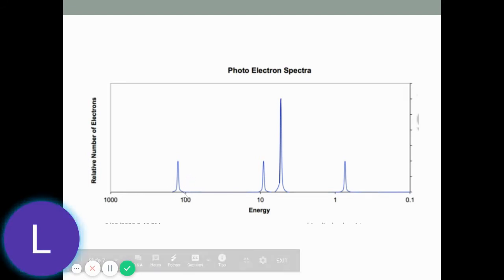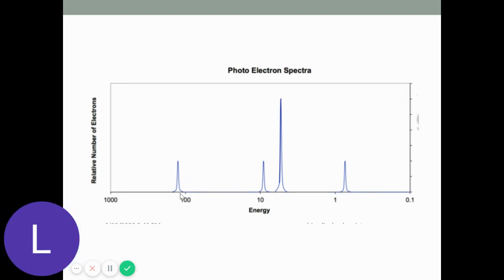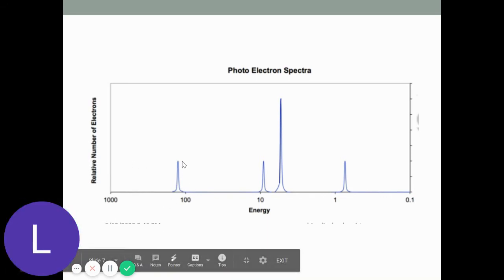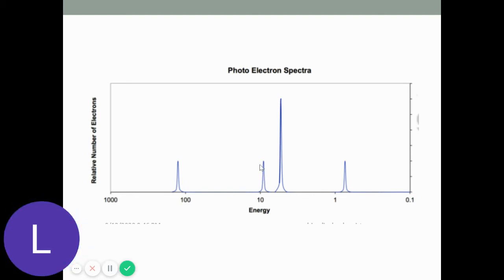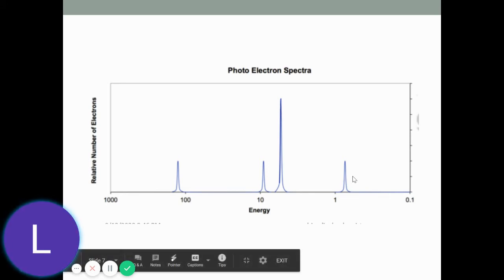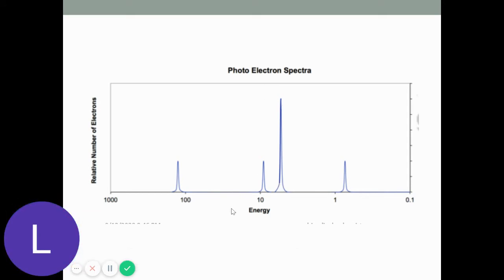If this is our 1s sublevel, and it's full, clearly, because we have electrons that are further than that, this height must correspond to 2 electrons. So this is my 1s2. The next most would be our 2s, and it's the same height, so 2s2. Then 2p6, and we know this is 2p6 because we have electrons afterwards, so we must have filled up that p.